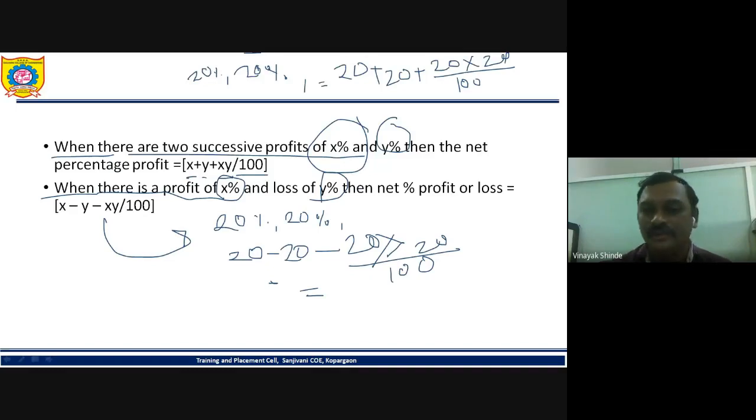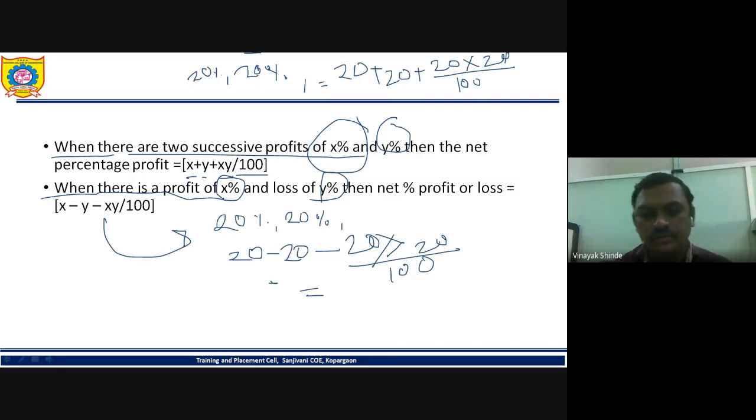So it is 44% compound interest. So the same formula you can use for calculation of CI, compound interest, and for calculation of two successive profits. It is X plus Y plus XY by 100. And if there is a loss, then X minus Y minus XY by 100.